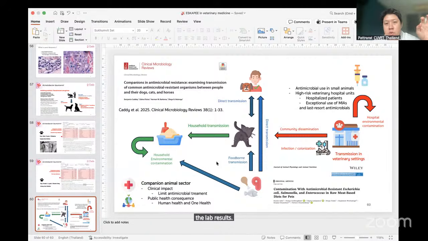But we need rigorous diagnostics to identify what the true problems are, and we need to prioritize what we need to treat first to help the animals.